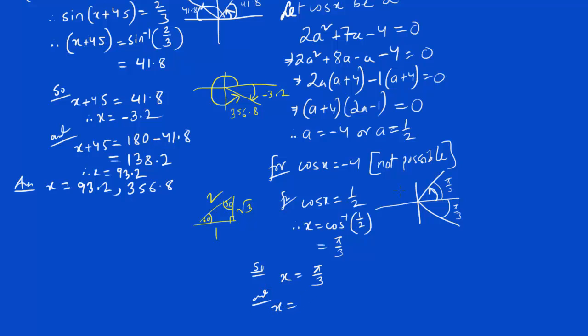And then in the fourth quadrant, it is going to be 360 minus basic angle. 360 means 2 pi, minus basic angle pi by 3. If we simplify, 2 3s are 6, 6 minus 1 is 5, 5 pi by 3. Now we can write down the answer: x equals pi by 3 and 5 pi by 3.